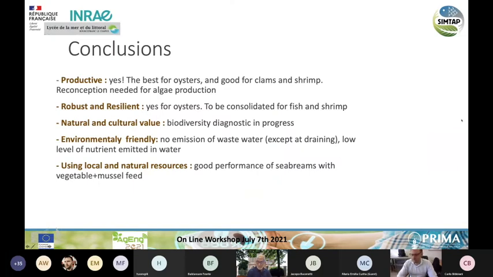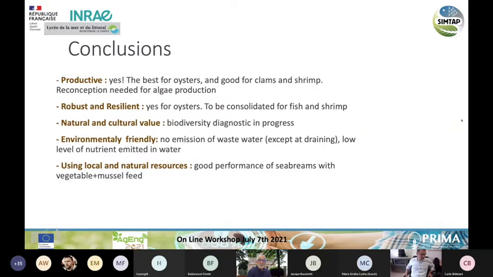If we look at the principles that we dictated at the beginning for the production, it was not so bad about the productivity, the best for the oysters, and we had good results for clams and shrimp. And we have to reconceive the system for the algae production.